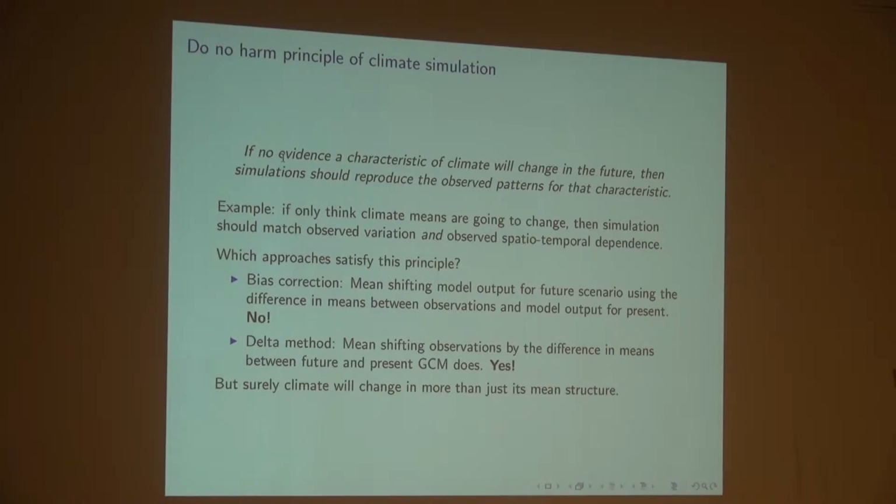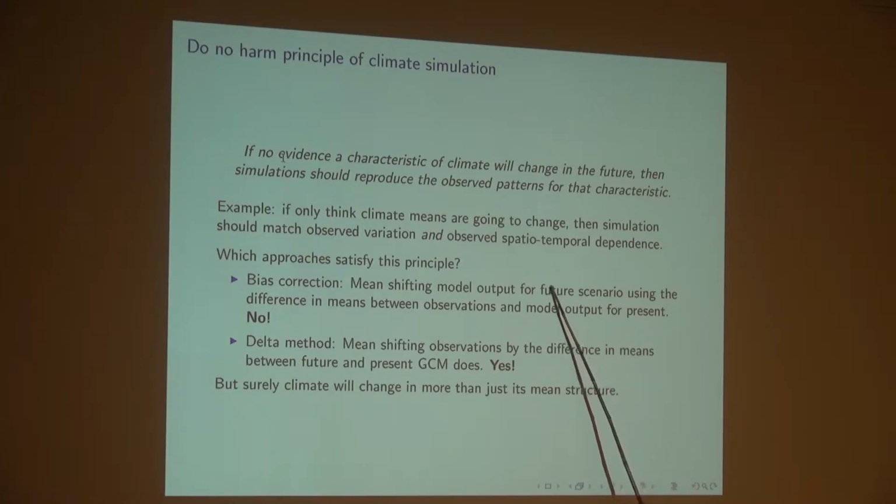I'm an advocate of a certain point of view on this, and I call this the do no harm principle of climate simulation. So unless you have some meaningful reason for thinking that the future will be different from the present in some specific characteristic, in some specific way, then I'd rather use the actual observations to say what that feature is going to be like than to try to get it from the model.